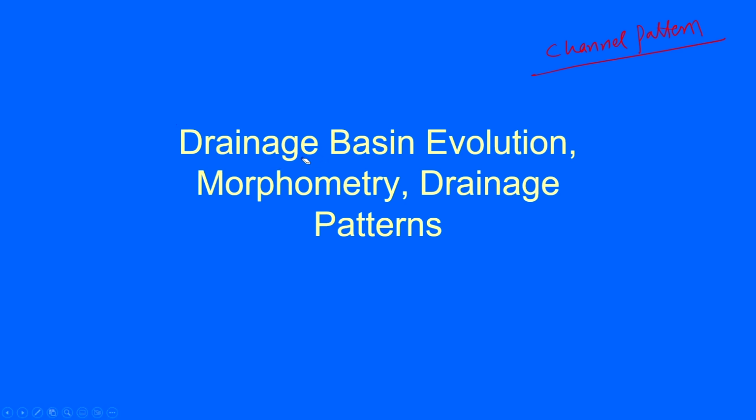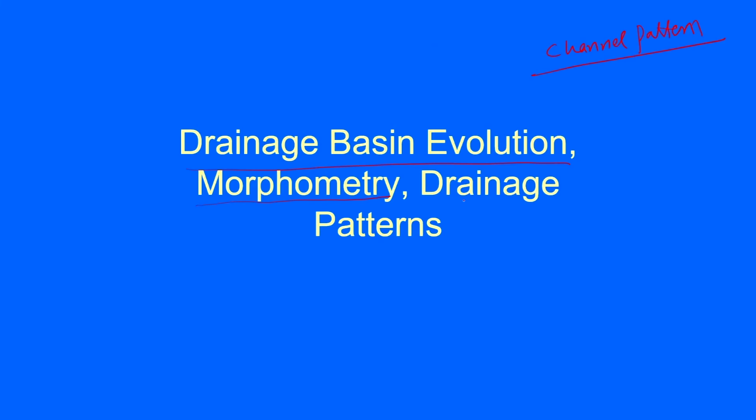Basin evolution we have already discussed in the beginning, but apart from that we can also use morphometry to understand the dynamics of the fluvial system, okay. And of course the drainage pattern will also help us to know the subsurface material or the lithology of the area.